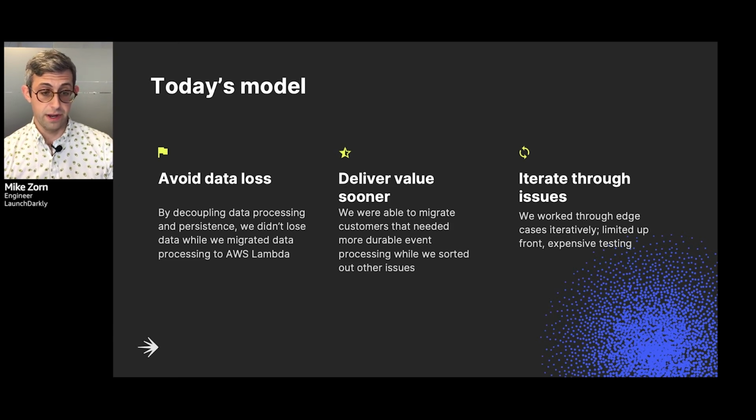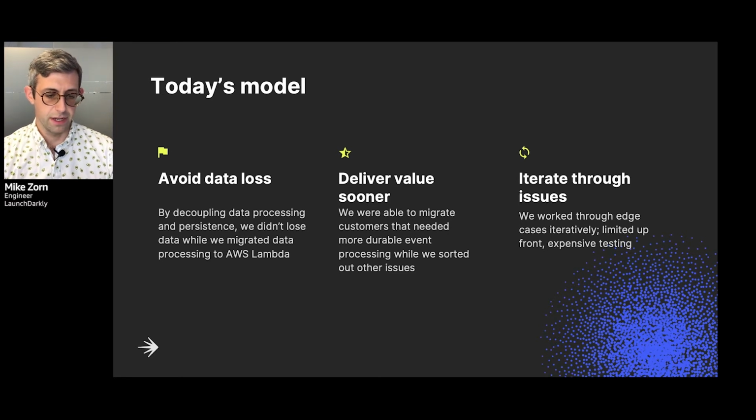And we iterated through this a bunch of times, and avoided some expensive upfront testing as well. So that is how we migrated our events API from our old system to our new system with feature flags. And we got these characteristics of avoiding data loss, delivering value sooner, and iterating through things instead of a big upfront test or something like this.